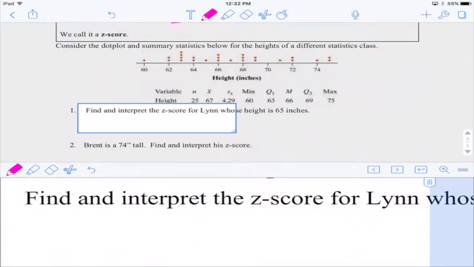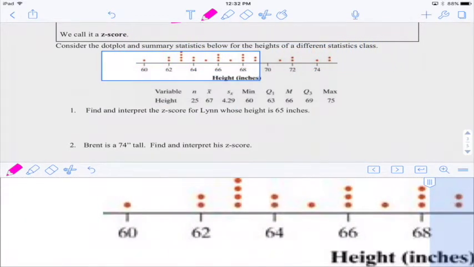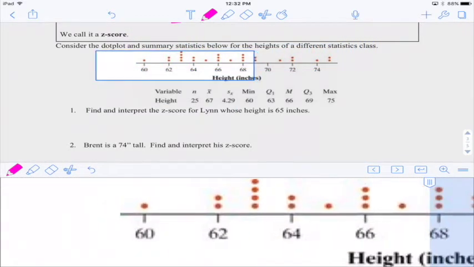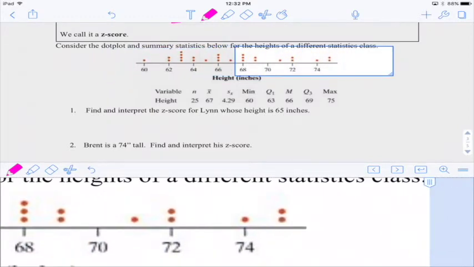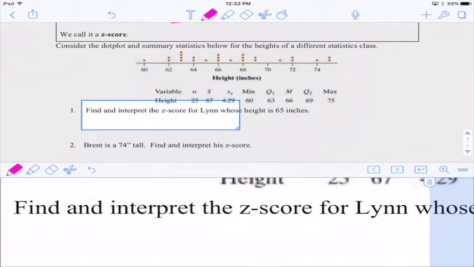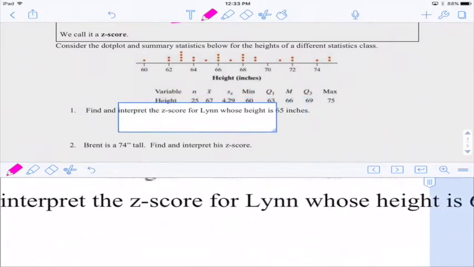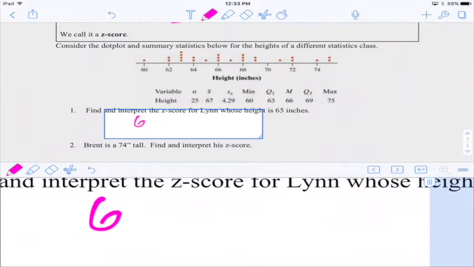So here is the height of students in the statistics class. So you can see we have 60 inches and we have up to 75. And then here's our one variable stats. So find and interpret the z-score for Lynn, whose height is 65 inches. Okay, so 65 is our value minus the mean.